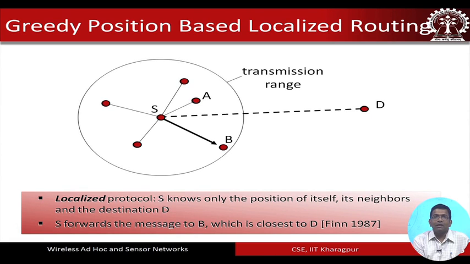In this particular case, it might so happen that instead of node A, node B is in closer proximity to node D. S can opt to send the packet to node B because it is closer to node D.